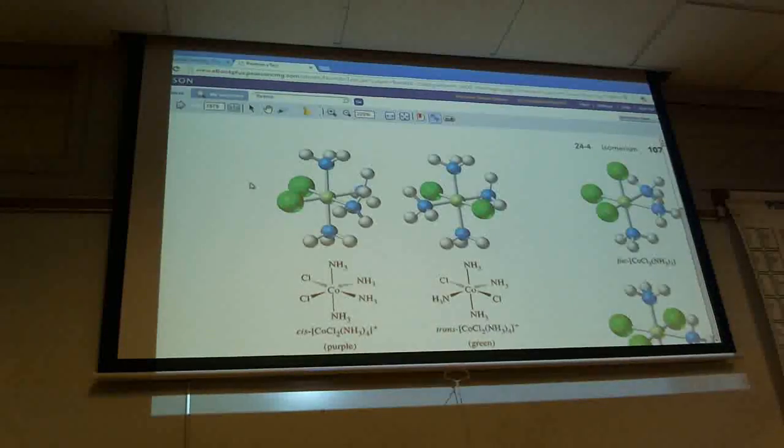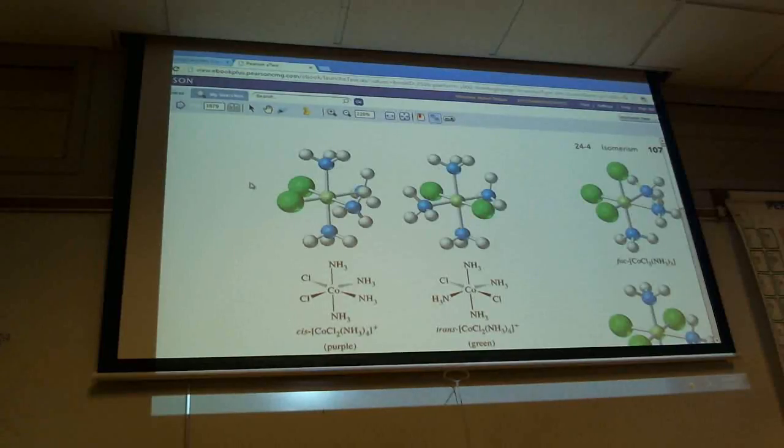Wait, so what does the mer look like again? Well, this is called octahedral geometry because if you connect all the vertices, it forms an octahedron, right? 8-faced polygon. And so if you look at one of the faces of the polygon, you have an atom at each corner.